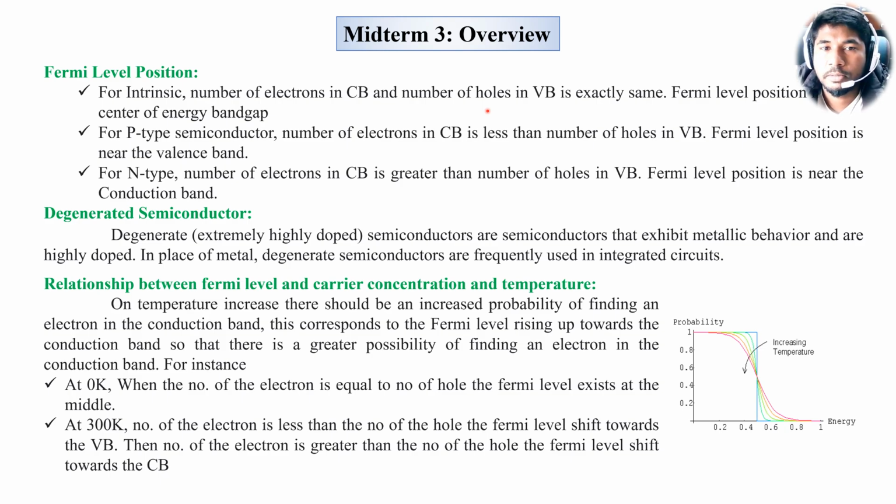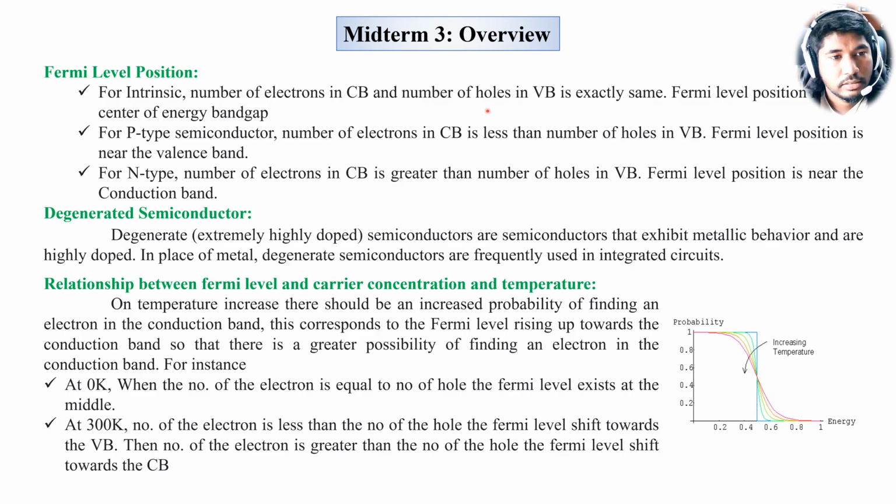And for p-type semiconductor, number of electrons in conduction band is less than the number of holes. That's why the Fermi level is near the valence band. And for n-type semiconductor, number of electrons in conduction band is greater than the number of holes in valence band. That's why the Fermi level position is near the conduction band.